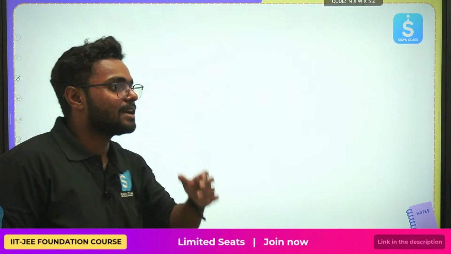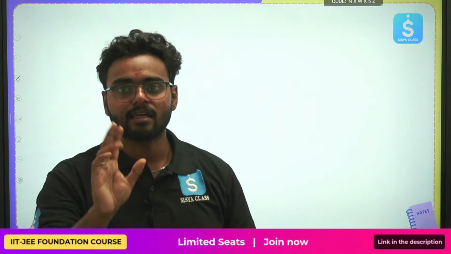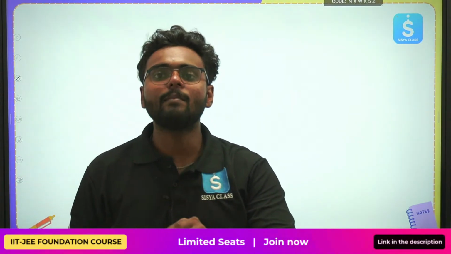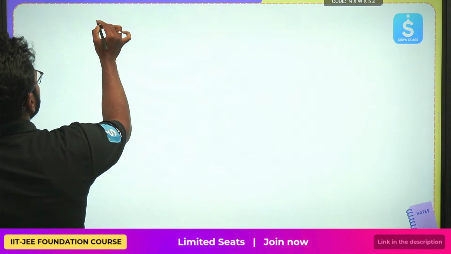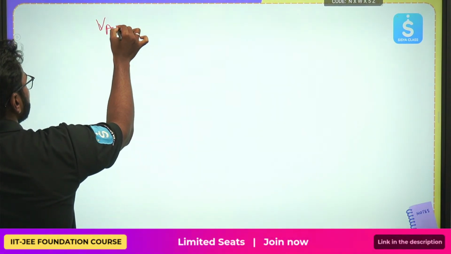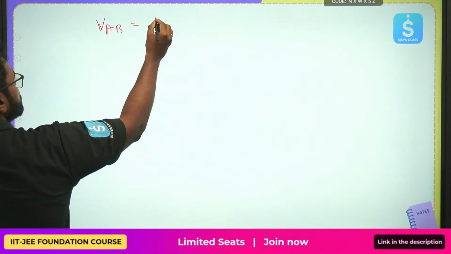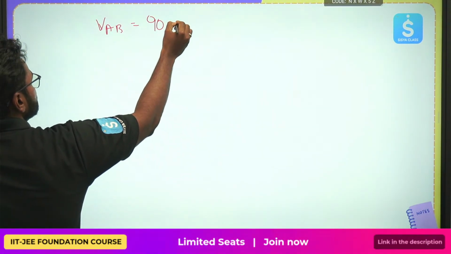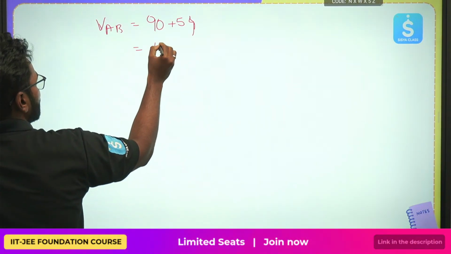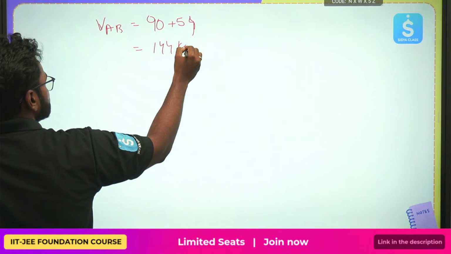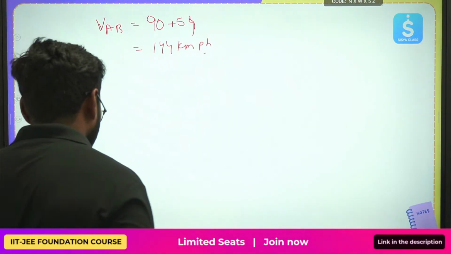We have studied earlier that if the trains are moving in opposite directions, the relative speed is the sum of the speeds. So the relative velocity is 90 plus 54, which is 144. Now you have found the relative speed.